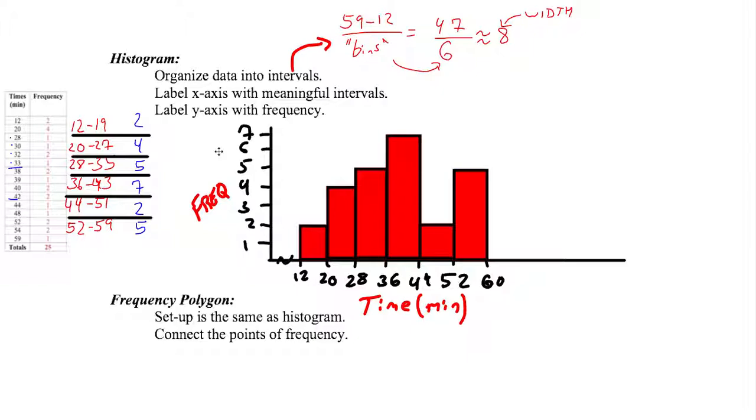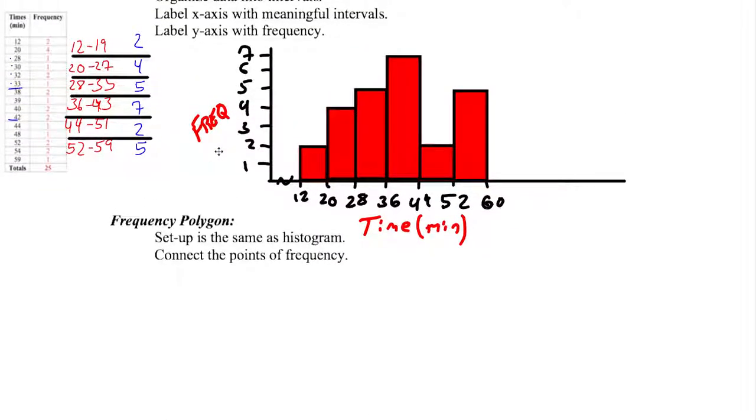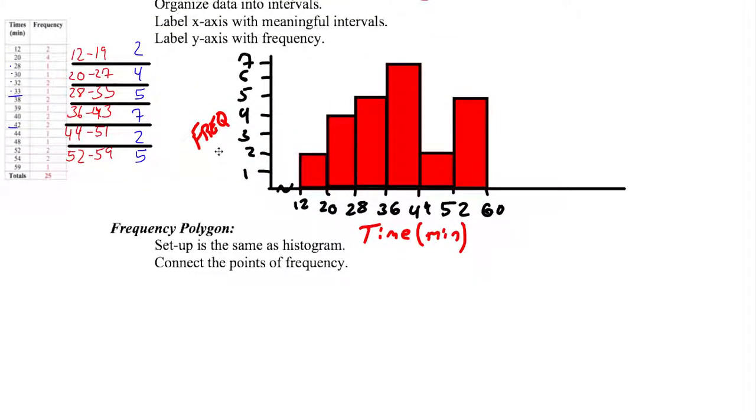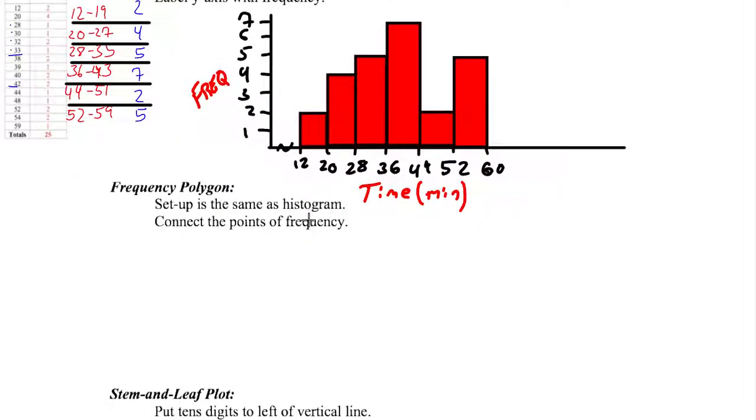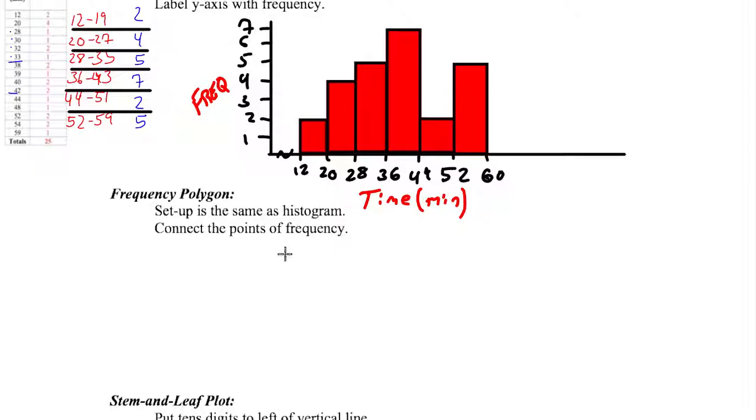Now, for the frequency polygon, it's actually very, very similar. So much so that I use the same data, the same bins, the same frequencies. Now, I can't say I've seen a whole lot of frequency polygons around, but they still do exist. They're still important.